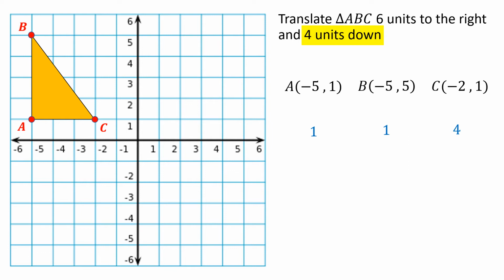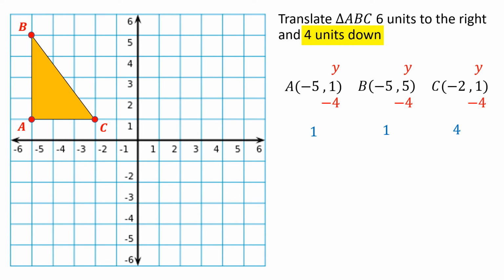Next is 4 units down. Remember in the previous slide that upward is a change in y by positive values, and downward is a change in y by negative values. So in this direction, it says 4 units down. Therefore, it's a negative change, and we will subtract 4 from the y values of each coordinate.